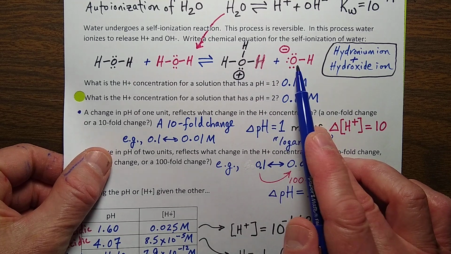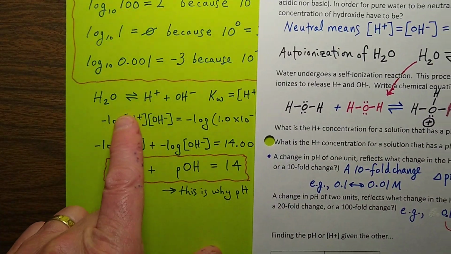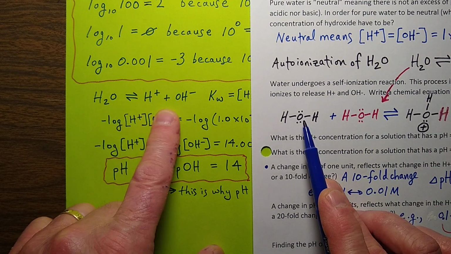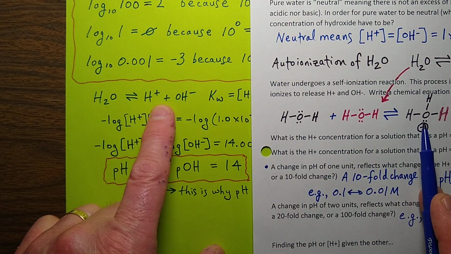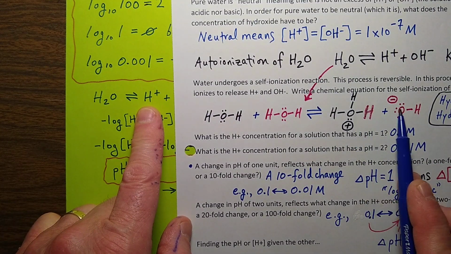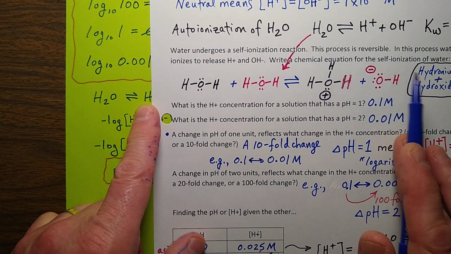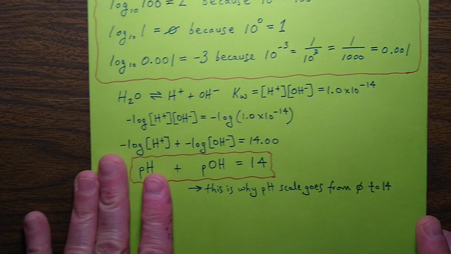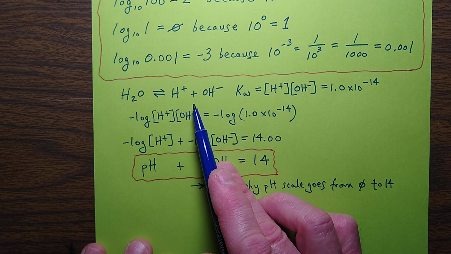But I can write it in a simpler way like this: I just write 1 water dissociating to give you a proton, because hydronium ion and the proton are the same thing, plus an OH minus. So this is just a simpler version of that more complicated equilibrium expression.